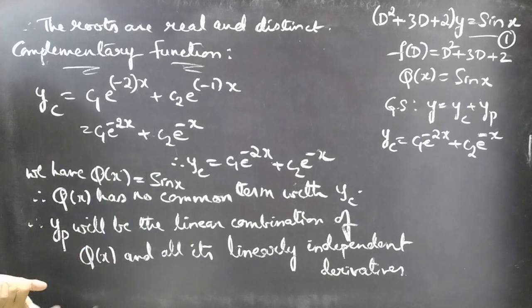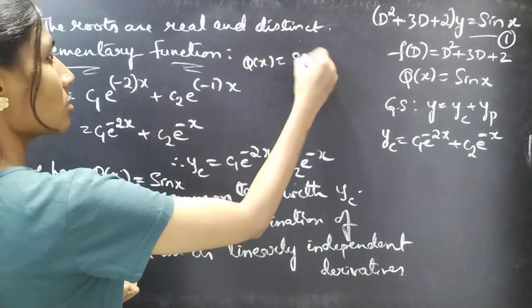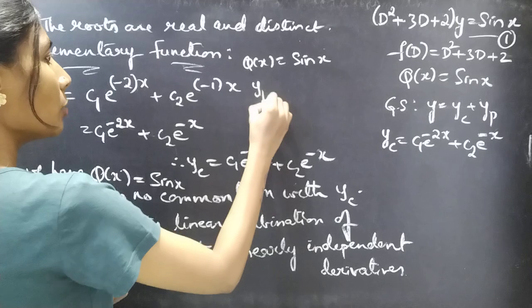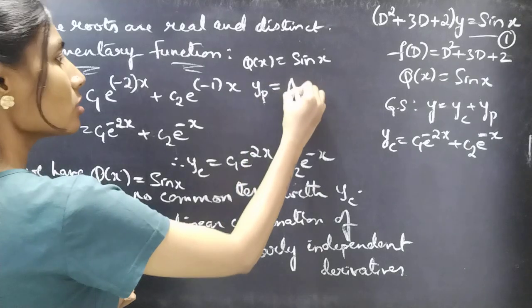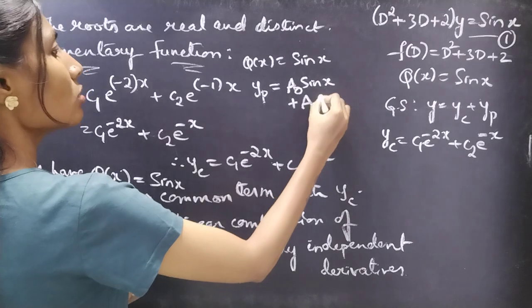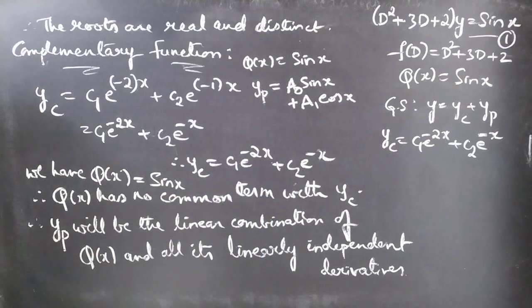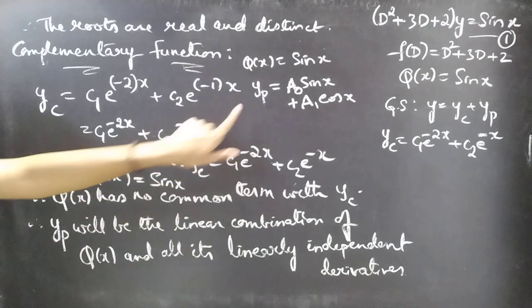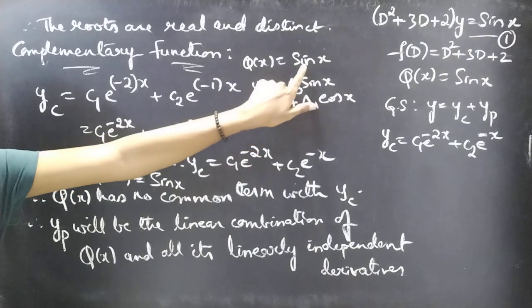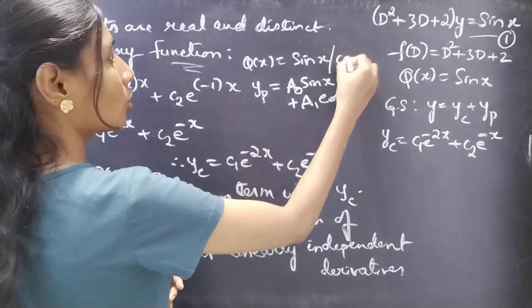We have a formula. If Q(x) = sin x, then yp will contain one constant times sin x plus another constant times cos x. Here a0 and a1 are constant coefficients, the undetermined coefficients which we have to find. So this is the direct formula if you have Q(x) equal to sin x or cos x.